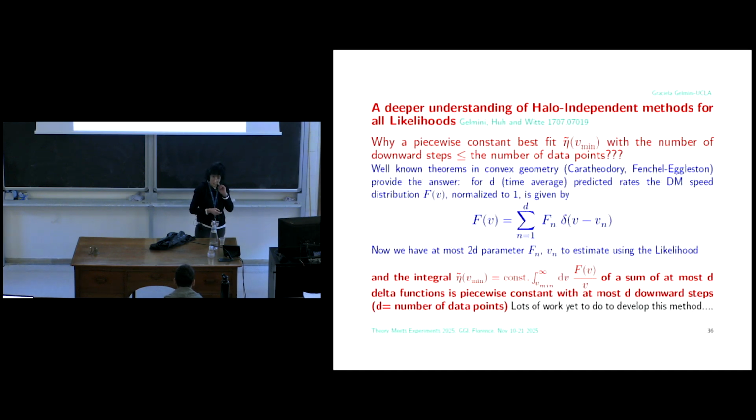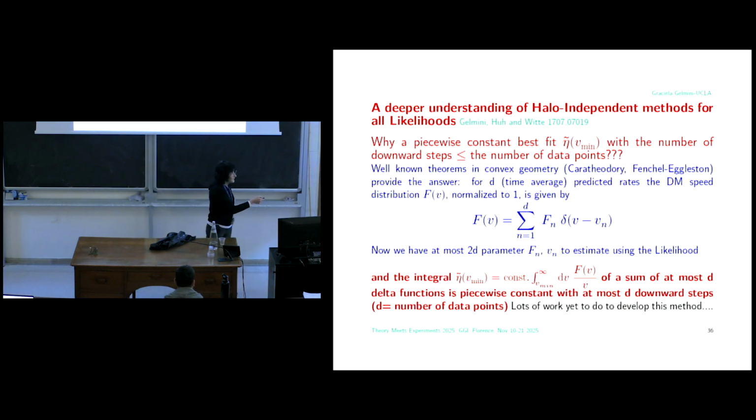the best you can do when you have some number of data points, assume d data points, that could be d different measured events, or it could be d event means, whatever it is, d data points, then the maximum that you can do for f of v, and this is done assuming isotropy, so you are not measuring directionality, and therefore f of v, the speed distribution, is enough.